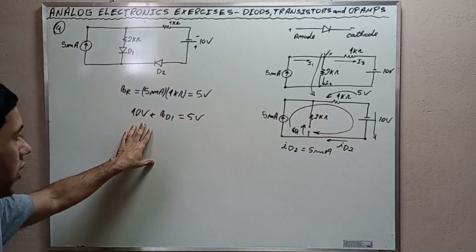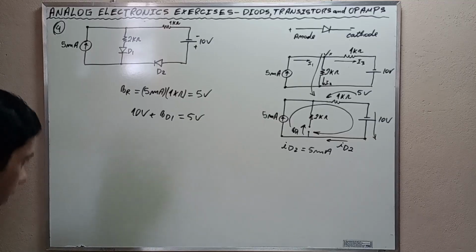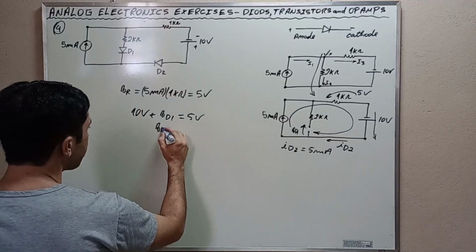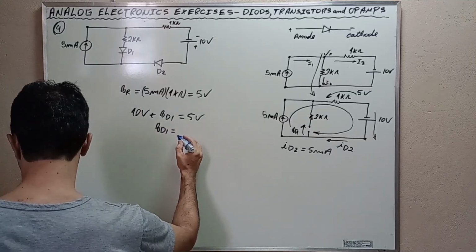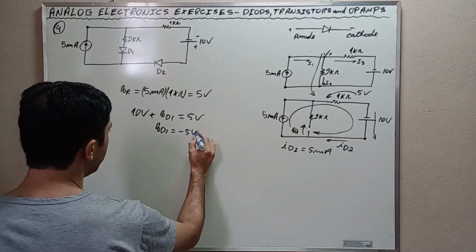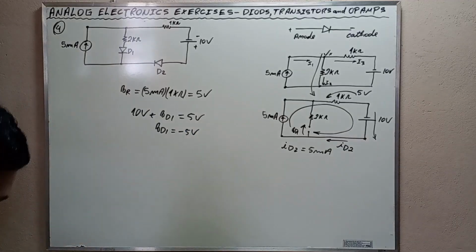Then we have this equation here, and we find that VD1 is equal to negative 5 volts. And what does it mean? With VD1 equal to negative 5 volts, we conclude that its cathode is higher in potential than its anode.